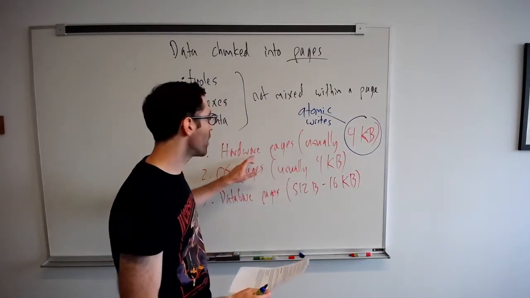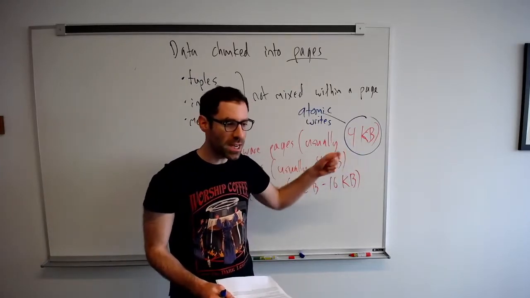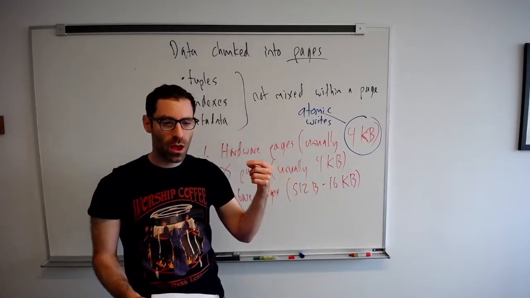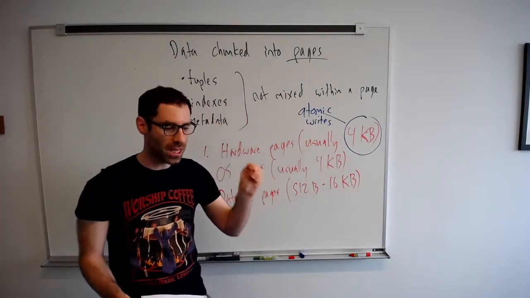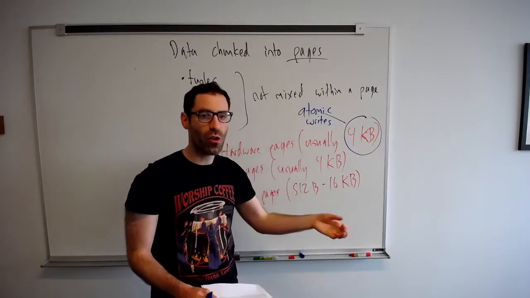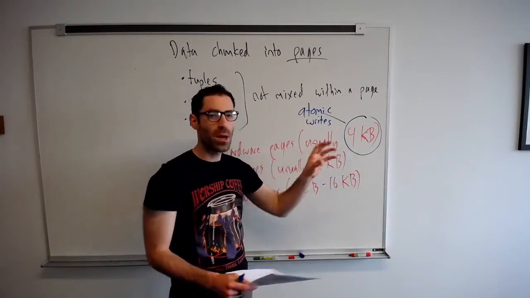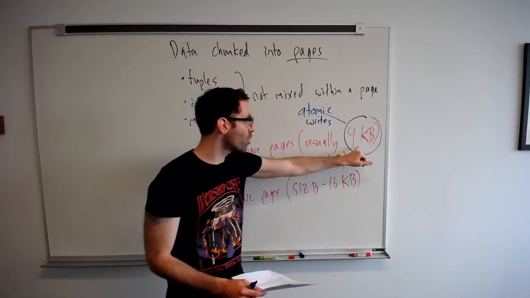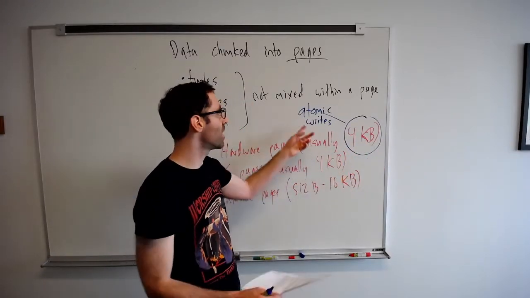And so whatever size the hardware page is, that's the amount of data that the disk will be able to write atomically, meaning that if there's a crash while the disk is writing, we won't end up with some partial hardware page written and be in some inconsistent state.